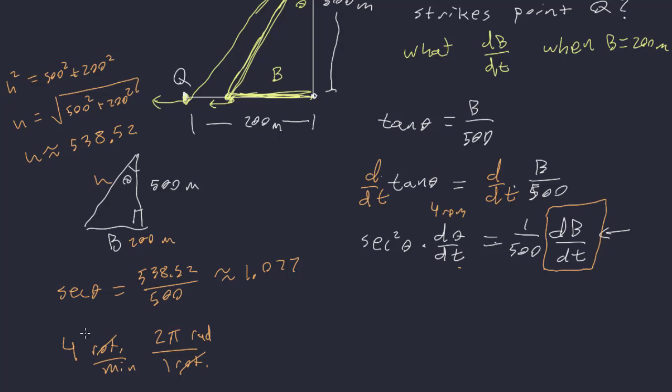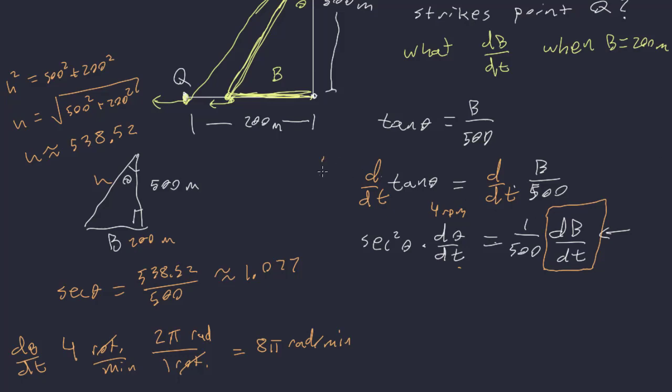So the rotations will cancel, and this is going to be 8 pi radians per minute. Okay, so we can put that in as our d theta dt. All right, so we have everything we need now, hopefully, to plug and chug and get what we need.